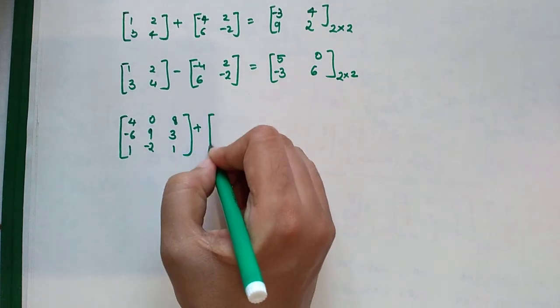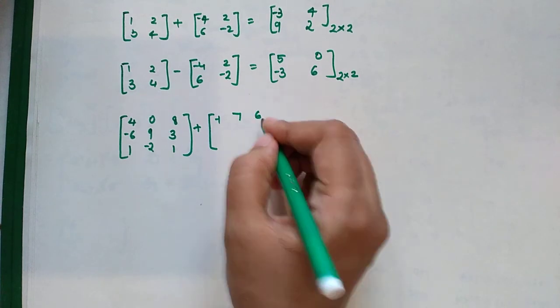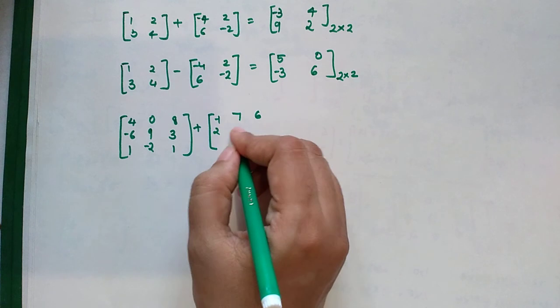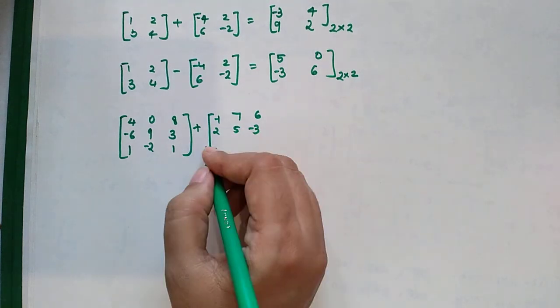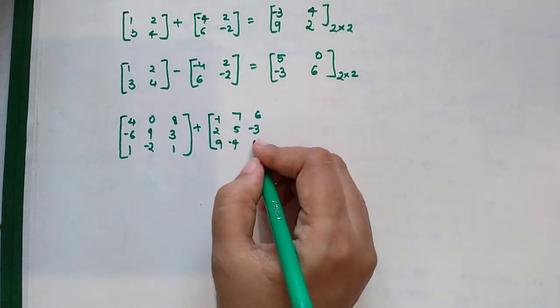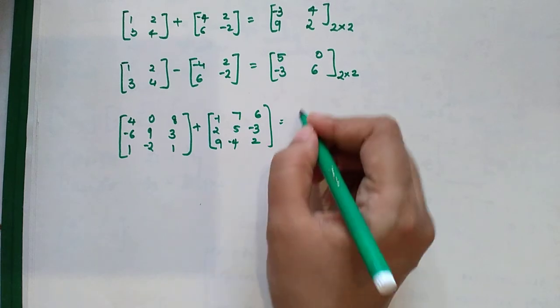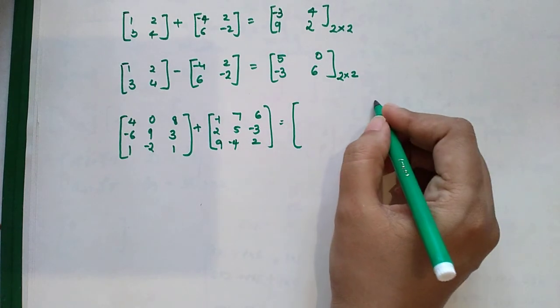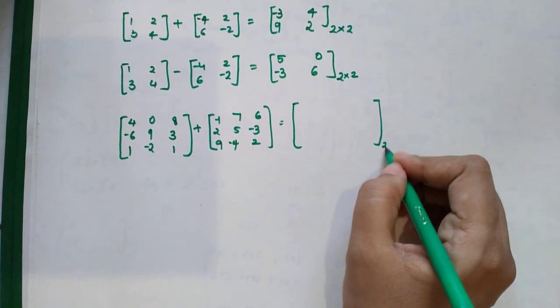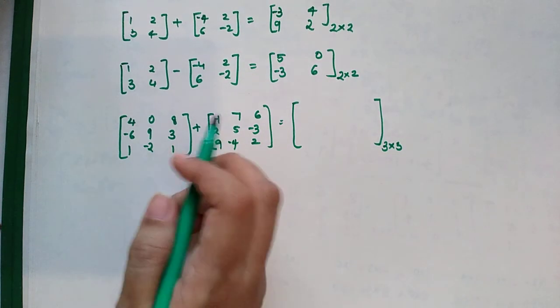This I'm adding to minus 1, 7, 6, 2, 5, minus 3, 9, 4, minus 4. Let's do this. And we have a 2 over here. So when I'm adding, again we will keep in mind that we are just going to add the corresponding places or the corresponding elements.